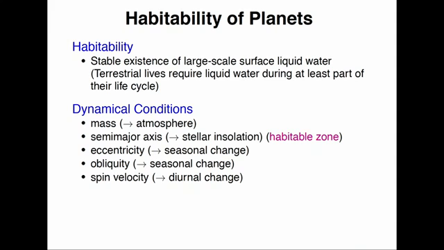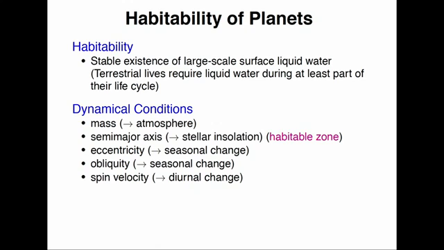And this habitability, the existence of liquid water, can be translated into dynamical conditions of planets: mass, orbit, and also spin parameters. All of these matter when we consider habitability.